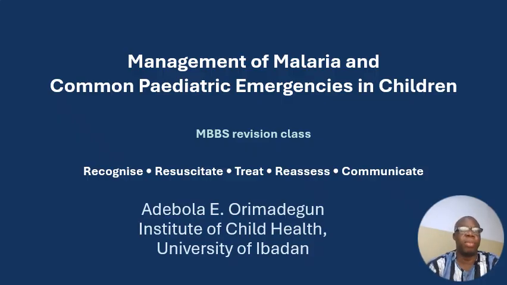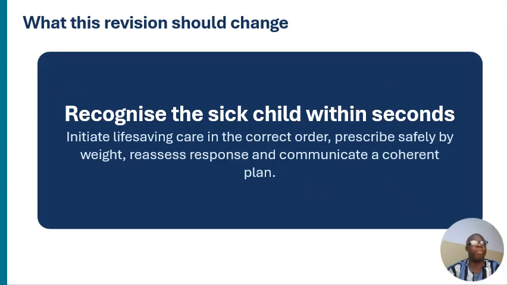They are often lost because danger was recognized late, treatment was given in the wrong order, the dose was not calculated correctly, or nobody checked whether the child responded or not. Let us therefore think like clinicians at the bedside, not merely like candidates reciting a textbook. And let us first clarify this before we continue talking about the clinical approach.